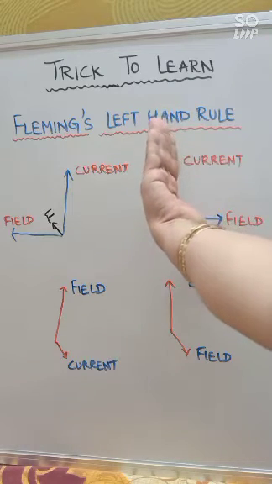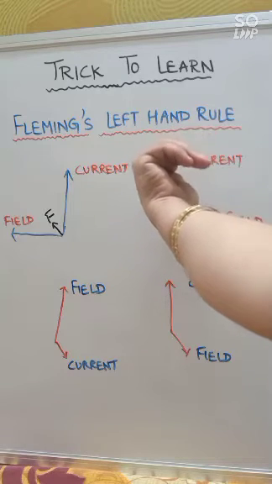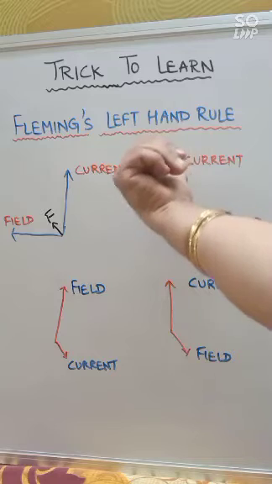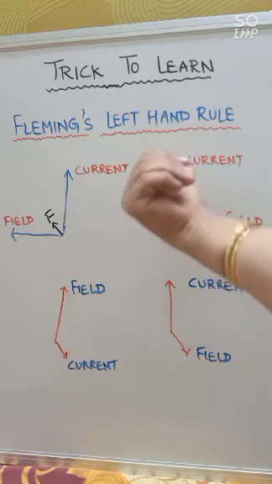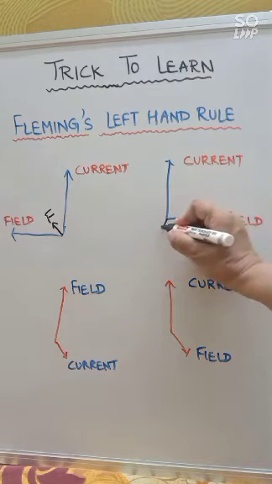And now I have to encircle my fingers towards the field. So if you see here now, the force is acting inwards. It is acting towards the board, right? So here the force is acting this way.